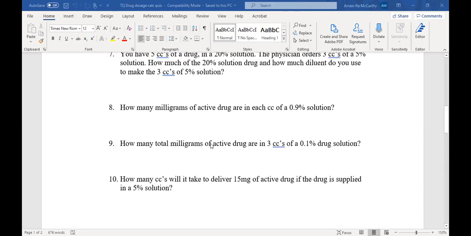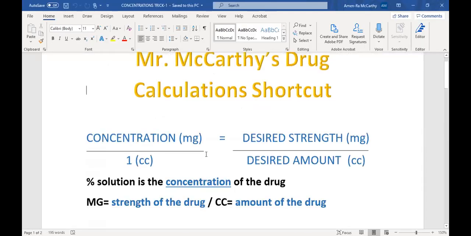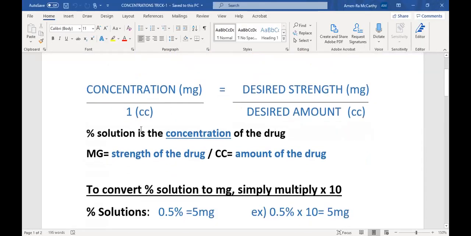All right, so I want you to also understand that when we talk about milligrams over cc's equals milligrams over cc's, that can also be done in pills, okay? You can also look at that as pills. So if you look at this right here where it says concentration over 1 cc, this could also be over 1 pill, okay?